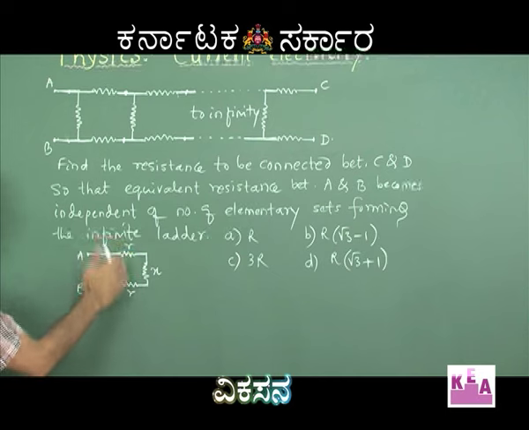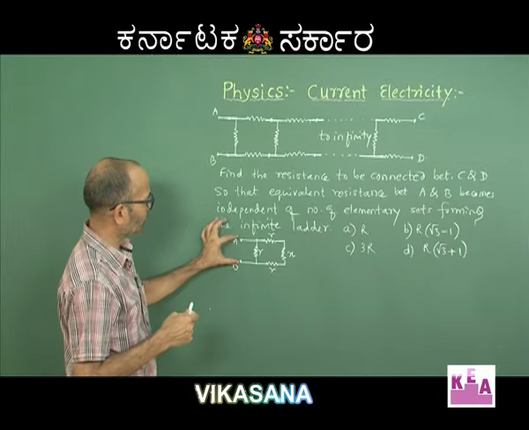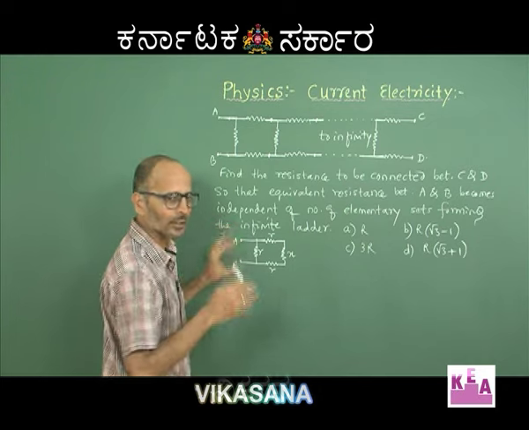R and R are what is going to form an elementary set, and the equivalent resistance between A and B is also X. This step was important, calling the equivalent resistance between A and B to be X. Okay.